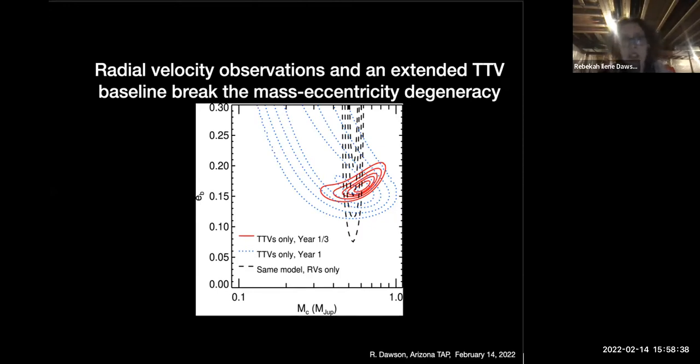You can see that there's, with just the first year of TESS data, a strong degeneracy between the eccentricity of the inner planet and the mass of the outer planet. And that translates to a lot of uncertainty in the resonant behavior as well. With this system, though, we are able to bring in a lot more data to help us learn more.